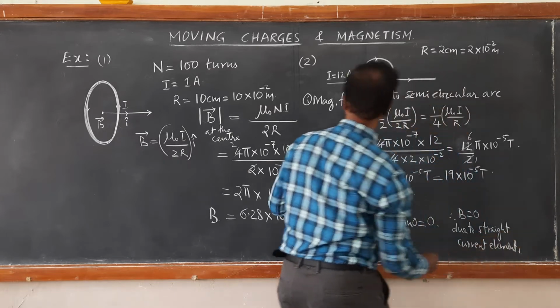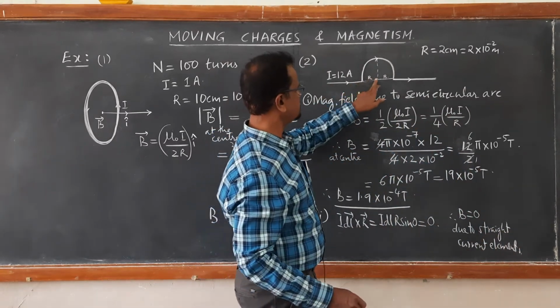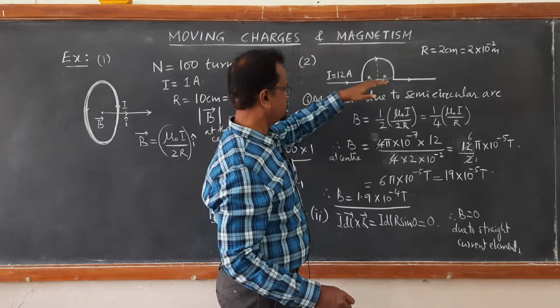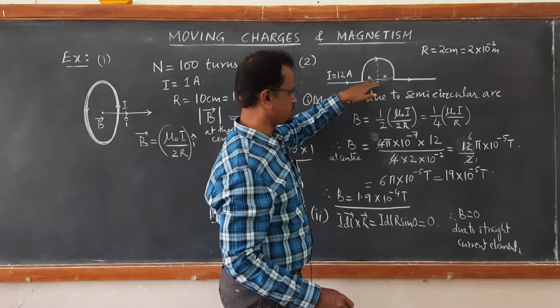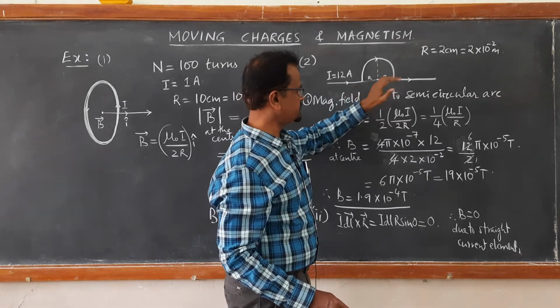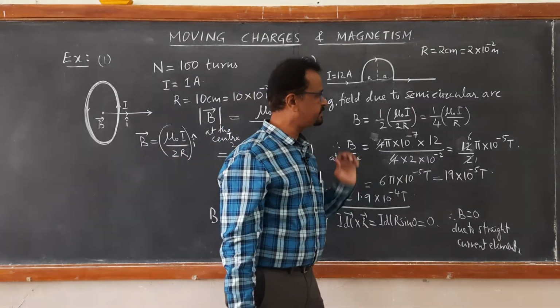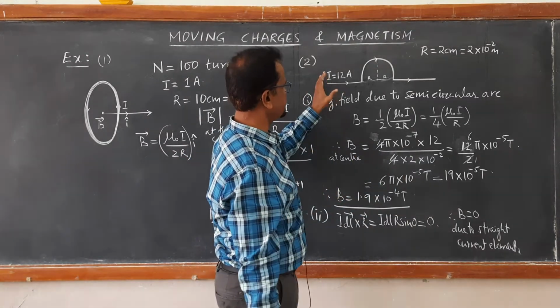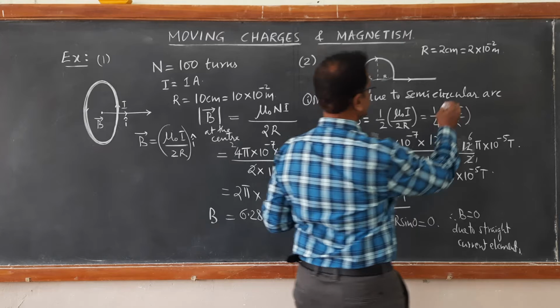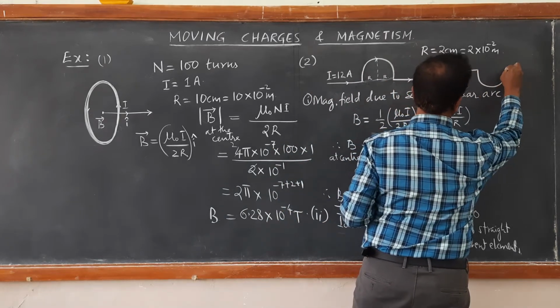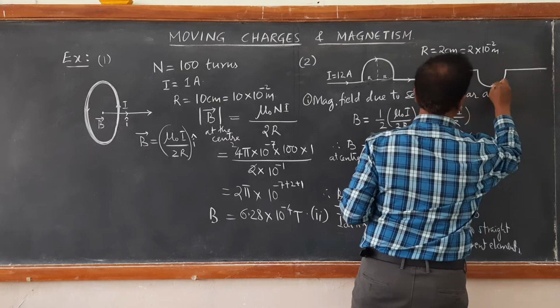So, two current elements are there. One is this one, another one is this. In both cases, the angle is, in the first case it is 0, in the second case it is 180 degrees. Sin 180 is also 0. Therefore, the magnetic field is 0. In case the same arc is kept reversed, then what happens to the magnetic field?